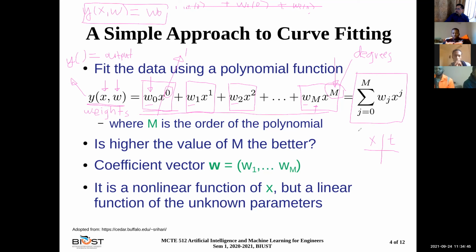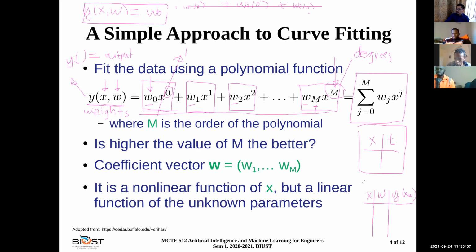That's your output from your data. But for your polynomial function, you have input x as well as your w, before you output your y of x, w.